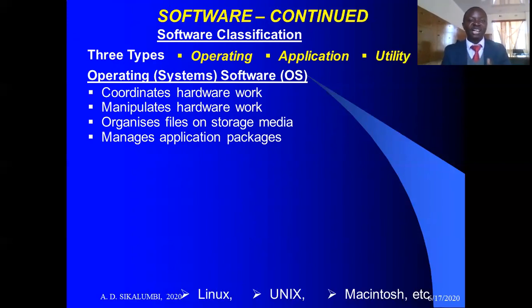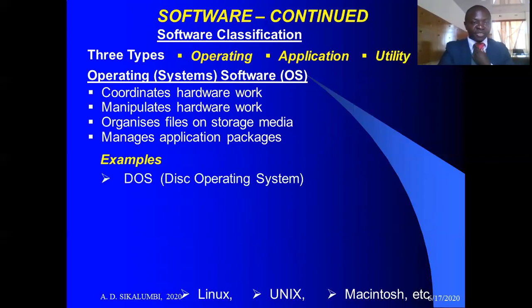It organizes files in some order. The operating system is in charge. It manages all the application packages, all the application software that you're going to install on your computer. There must be the operating system, the system software, to lay the foundation, to lay the ground for installing other software. So it's the mother software.